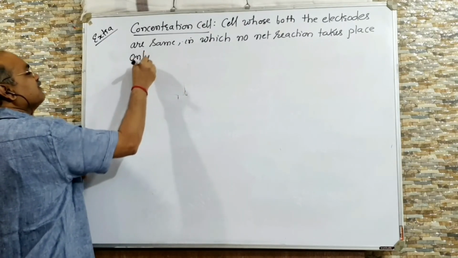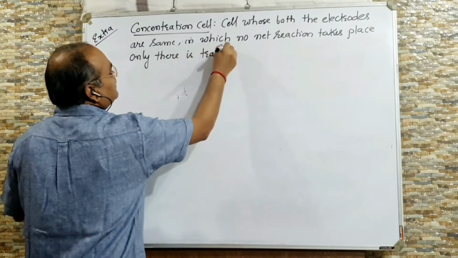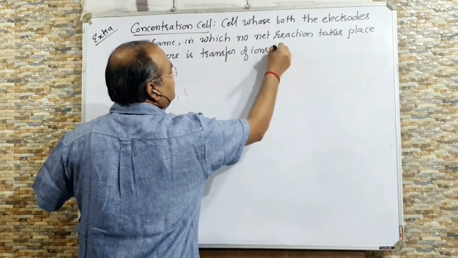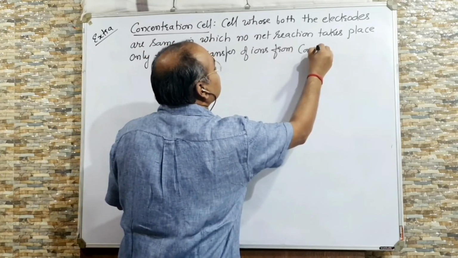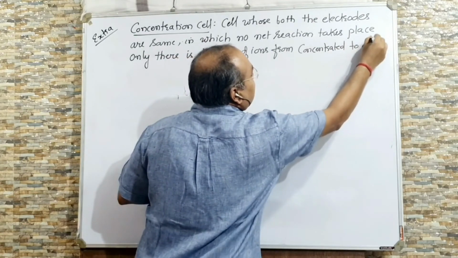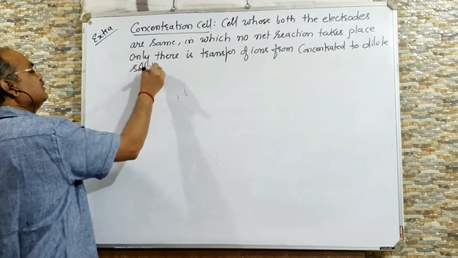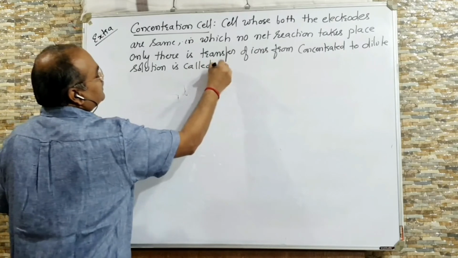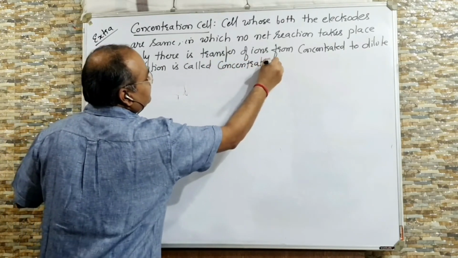Only there is transfer of ions from concentrated solution to dilute solution is called concentration cell.